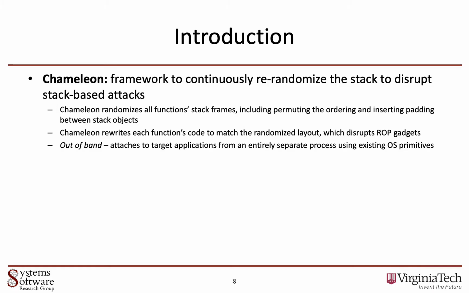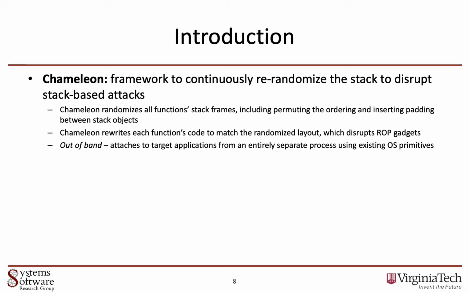In this work, we present Chameleon, which is a novel framework that continuously re-randomizes the stack to disrupt these aforementioned stack-based attacks. Chameleon randomizes all function stack frames, including permuting the ordering and inserting padding between stack objects. Chameleon also rewrites each function's code to match the randomized layout.